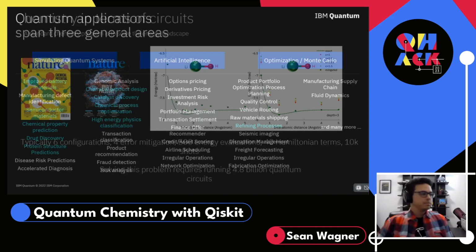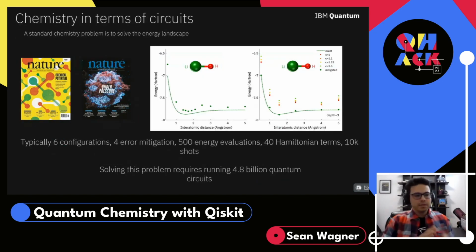So here's an example of something that IBM did a number of years ago. It was one of our first early demonstrations of quantum chemistry on one of our quantum computers. There were two published papers in Nature.